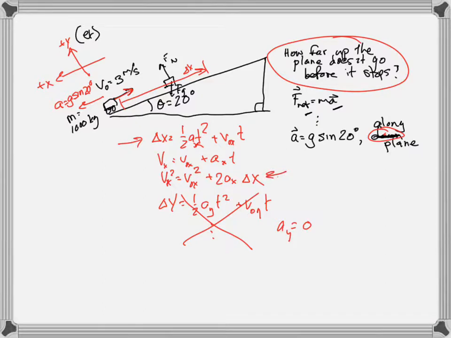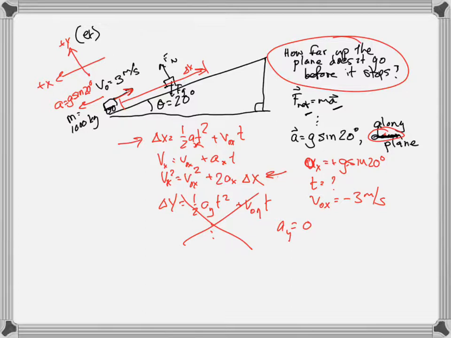We can identify what we know and what we don't know. We know that a sub x is equal to plus g sine 20 degrees. Going through the equation, do we know the time? We don't know the amount of time it takes. We know v0x is equal to minus 3 meters per second because it's pointing the opposite direction from plus x.